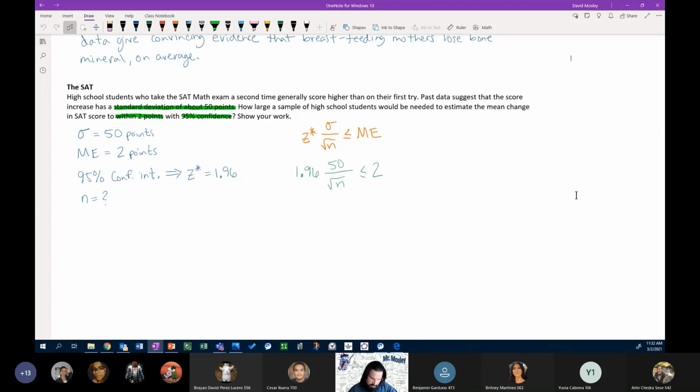We're going to do some rearranging. We're going to multiply each side by the square root of n and divide each side by 2. The square root of n is canceled from the left-hand side. The 2 is canceled from the right-hand side.